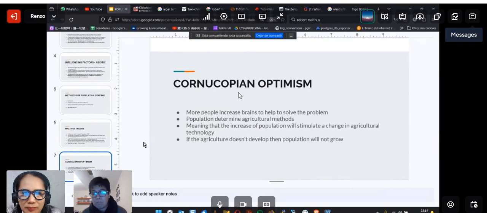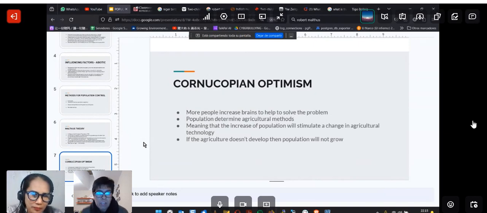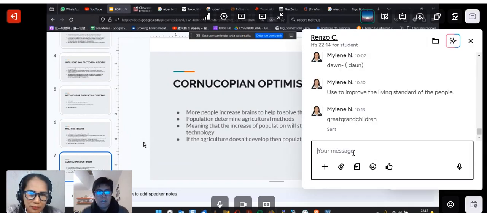So these people, opposite to the Malthusian theories, see things differently.